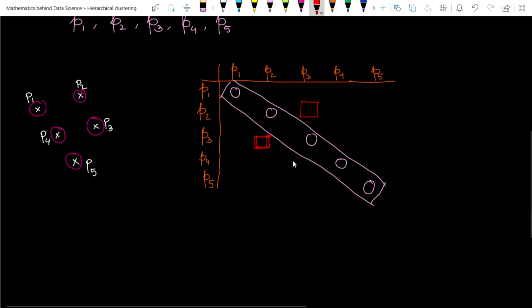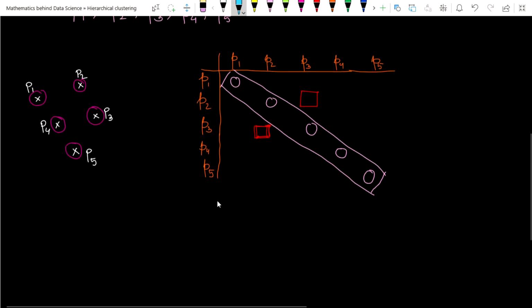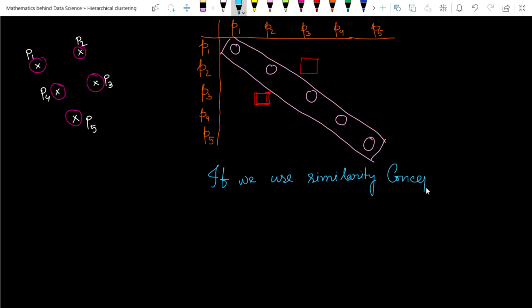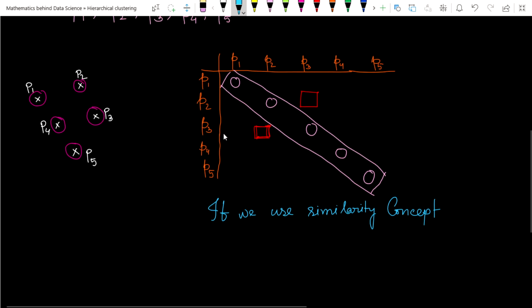If we use the similarity concept, then we will have to find the maximum value between the two clusters. This single point is now a cluster point. What will be the maximum one? Now we will choose the max value.